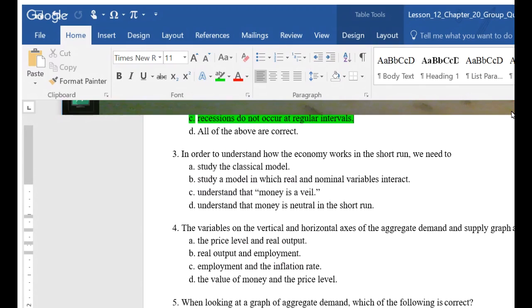Mostly because the classic models, like the dichotomy and monetary neutrality, where they would affect either real or nominal variables, but not necessarily both. But the difference between those long run ones versus the short run is that in the short run, both vary, and they do interact.